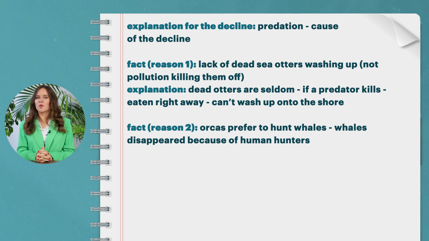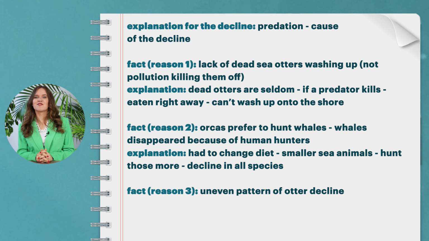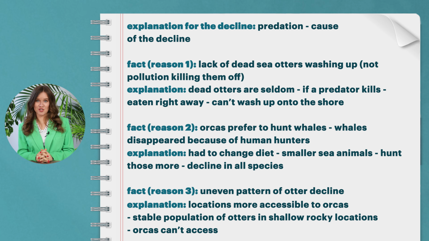Whales disappeared because of human hunters. Explanation, had to change diet. Smaller sea animals, hunt those more. Decline in all species. Fact, reason 3. Uneven pattern of otter decline. Explanation, locations more accessible to orcas. Stable population of otters in shallow rocky locations. Orcas can't access. The notes I'm showing you are now deciphered, so you can read and understand them.